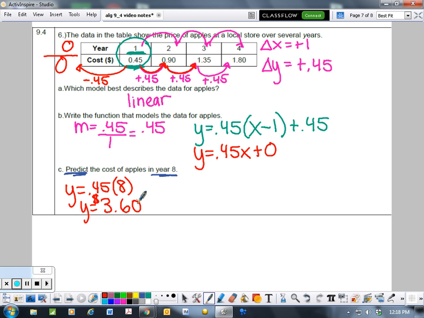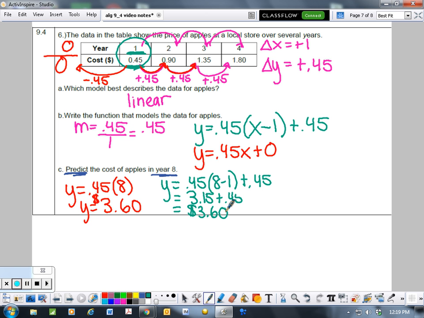Or I could use the teal formula, where y equals 0.45 times x minus 1, so 8 minus 1, and then add 0.45. A little bit more work, but it's an easier equation to write. So 0.45 times 7 gives me 3.15, and then I add 0.45, which gives me the same answer of $3.60.